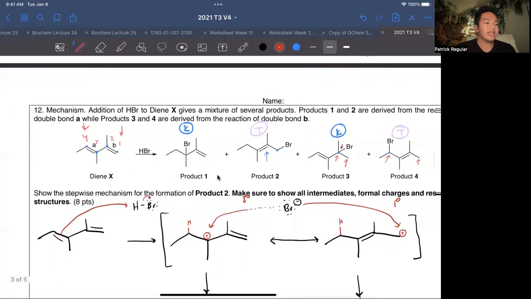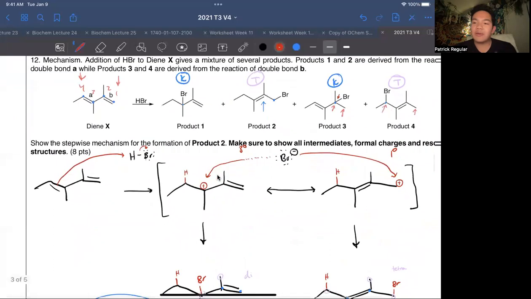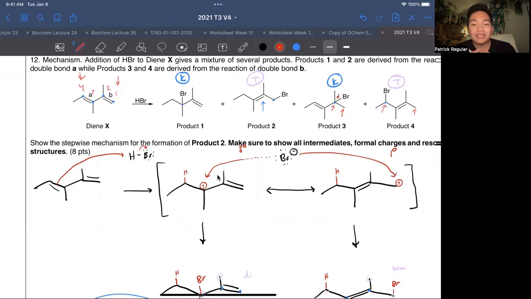Additionally, each alkene has its own kinetic product and its own thermodynamic product. The kinetic product is always going to be the 1,2 addition. And the thermodynamic product is always going to be the most substituted alkene, no matter what. And the thermodynamic product, it could be the kinetic product. Your kinetic product, your 1,2 addition, could be the more substituted one. And if it is, it's the thermodynamic product.